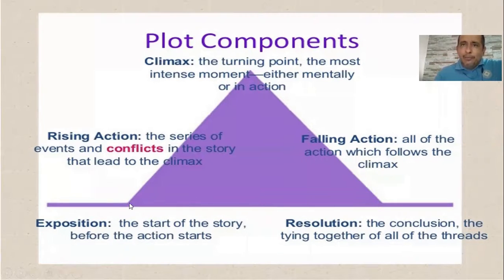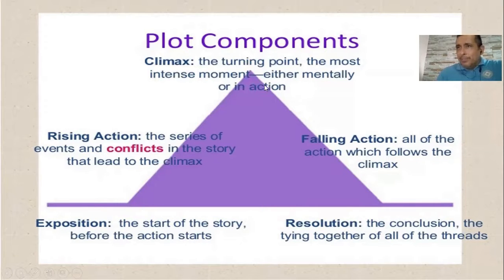Then we have the rising action, the series of events and conflict in the story that lead us to the climax. Look at here, it's the rising action. Then once we are here, we are going to get the climax, the turning point or the most intense moment, either mentally or in action. It's going to be the highest point of the story.